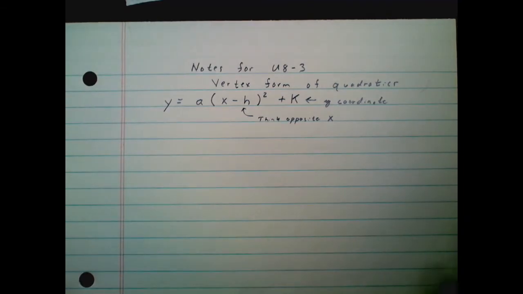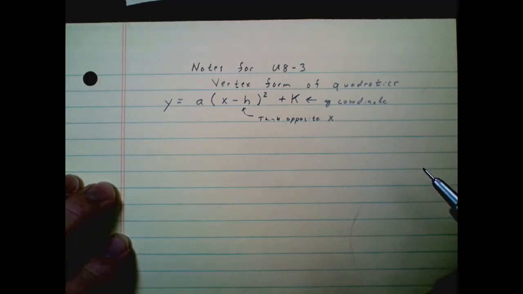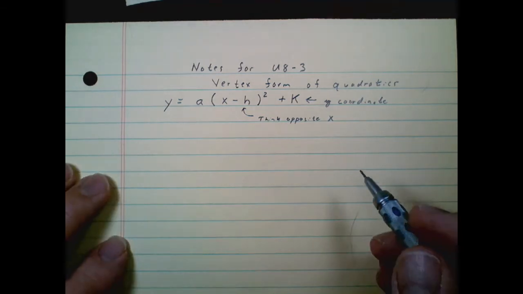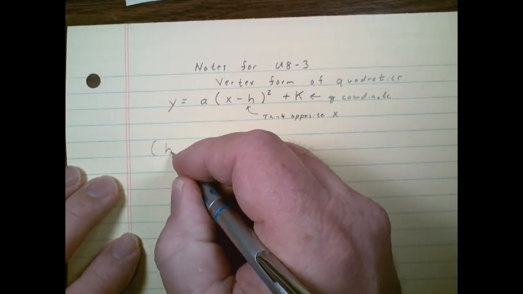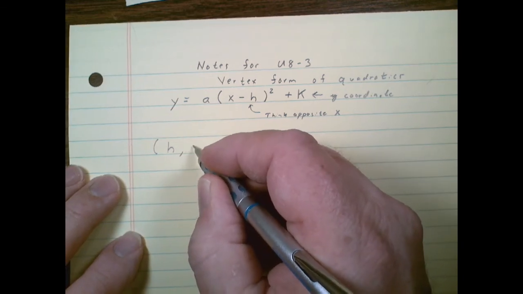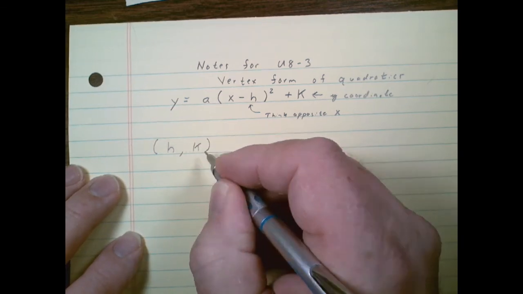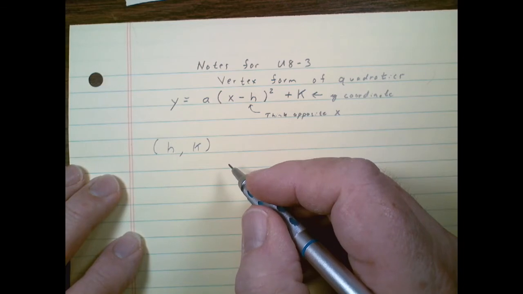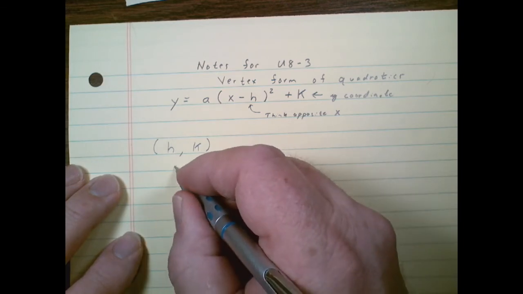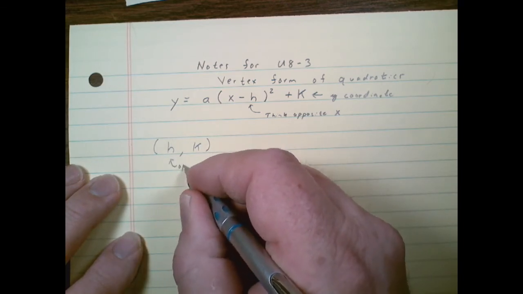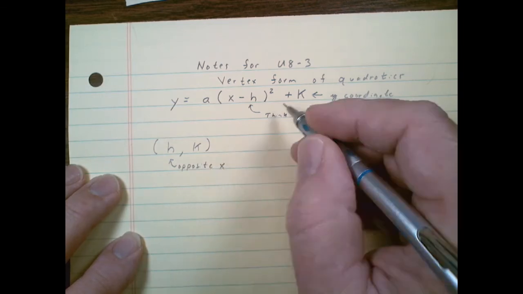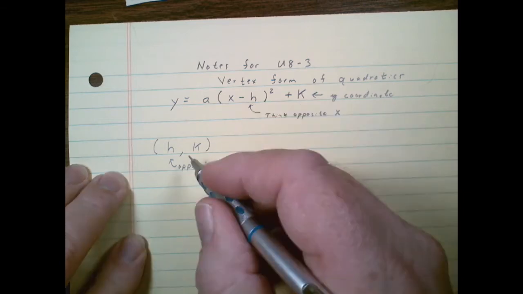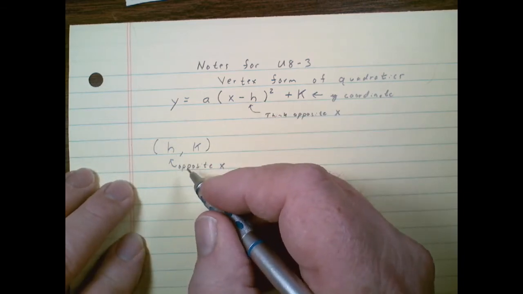All right, so let's take a look at this. Now, sometimes if we have h and k, and again, this is opposite x as it comes from here. But when we put it in here, we'll fix it.